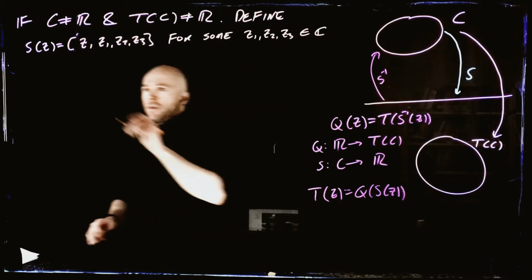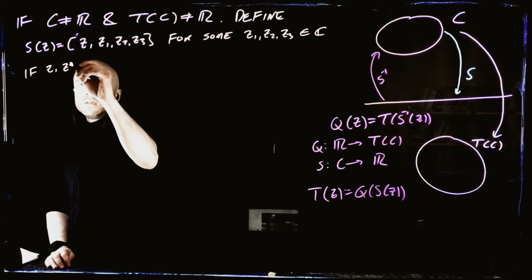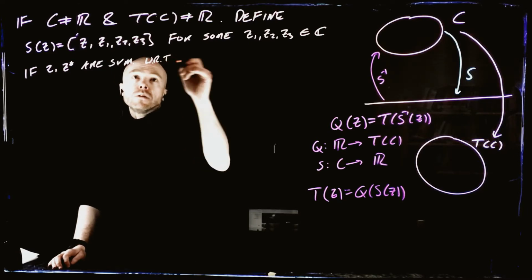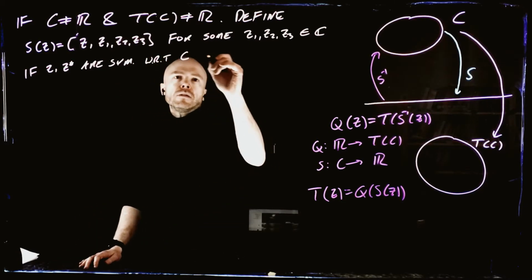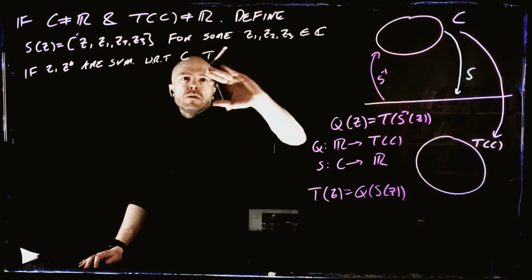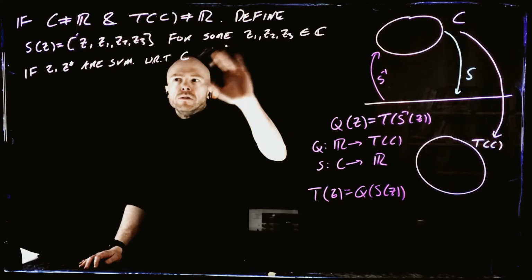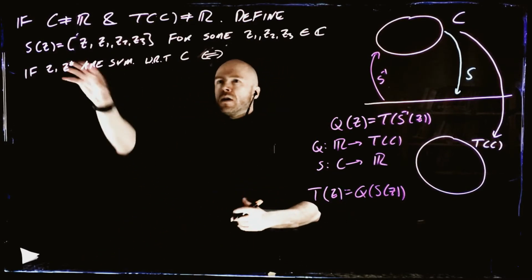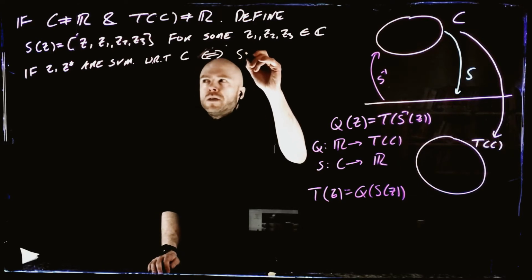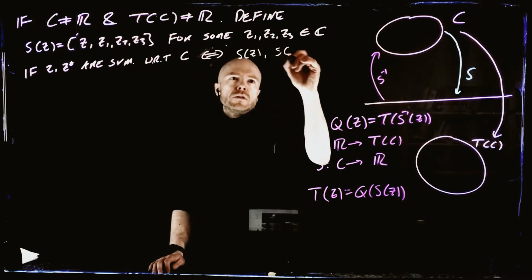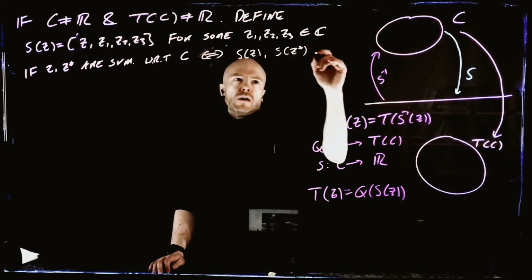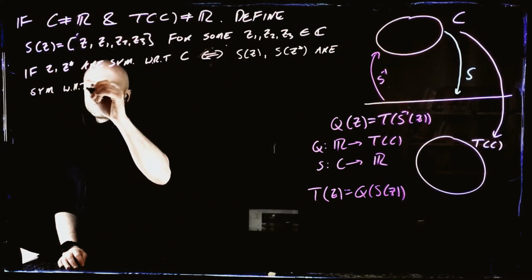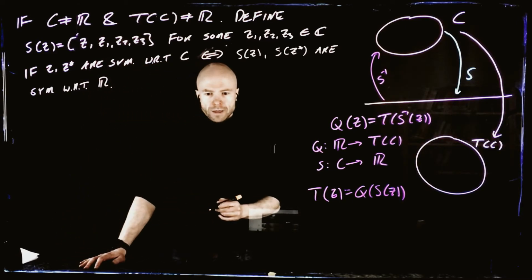So if Z and Z star are symmetric with respect to C, then what this is equivalent to is that when we first map it with our S, S of Z and S of Z star are symmetric with respect to R, right? Yeah, that's a true thing, yeah?